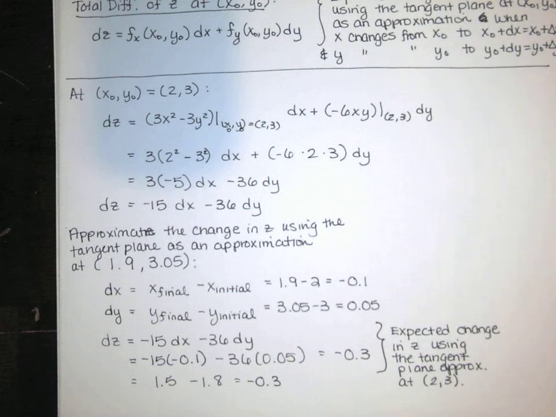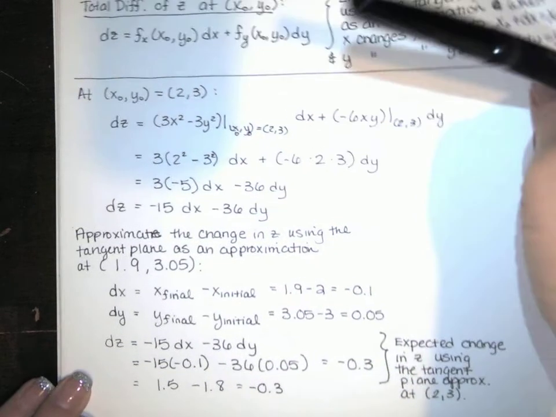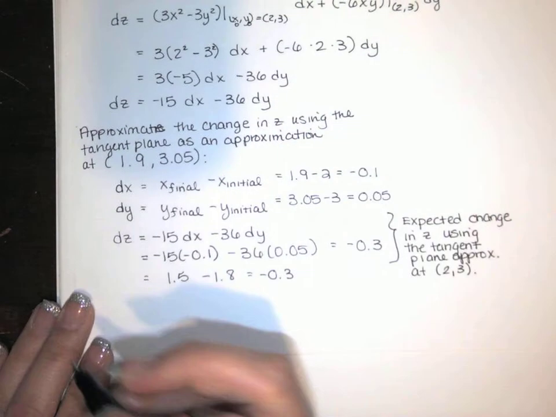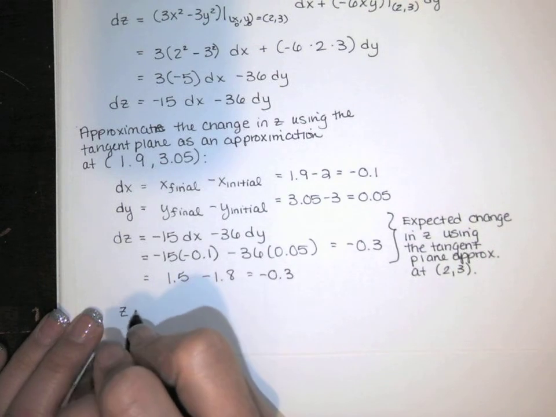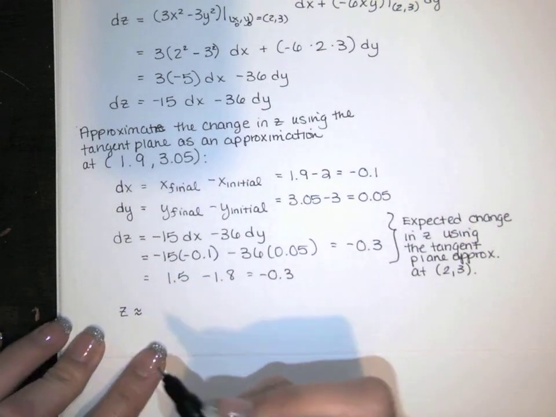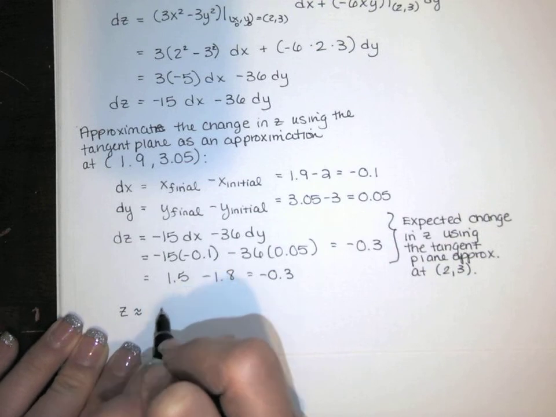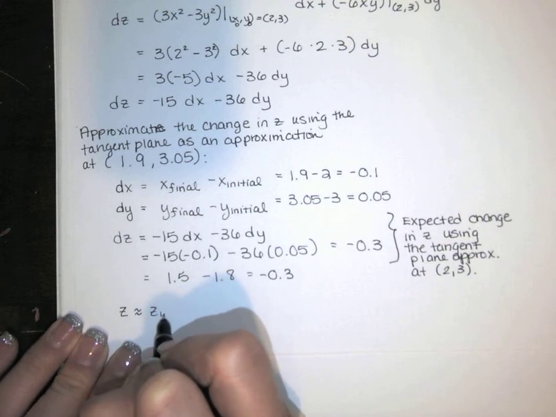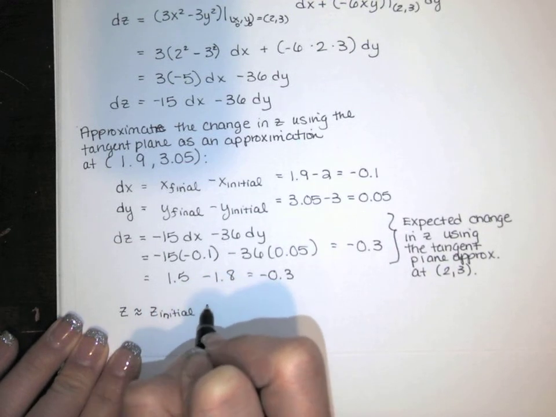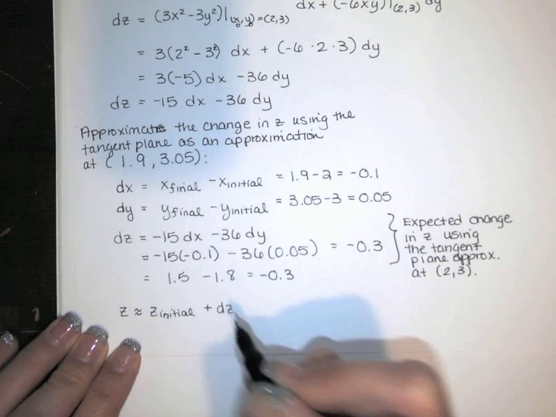Now if somebody asks you for the approximate z-value, you could say, well, my z-value is approximately equal to my initial z-value plus the change.